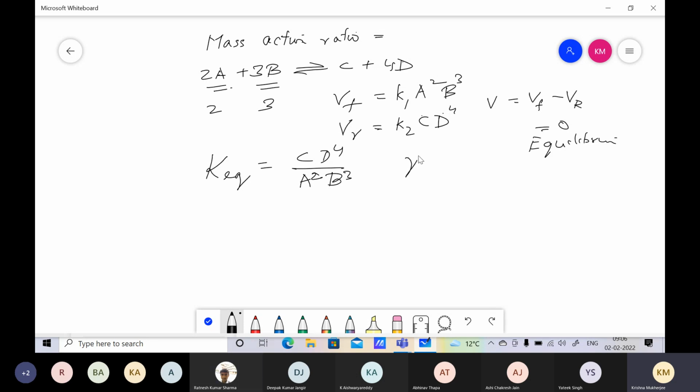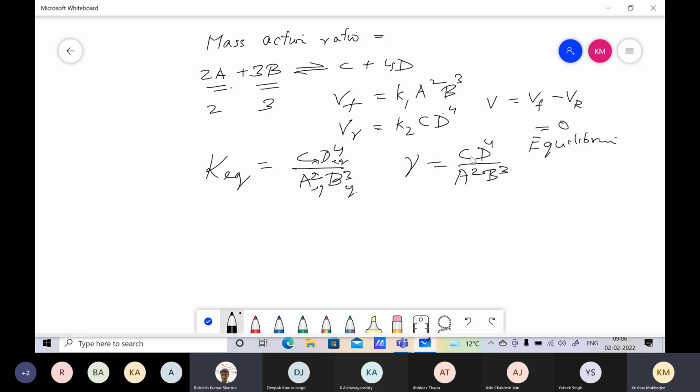The value of gamma will be the actual values. This is at equilibrium, when there is no reaction taking place. And the actual values of C D raised to 4 divided by A raised to 2 B cube will be the actual mass action ratio.